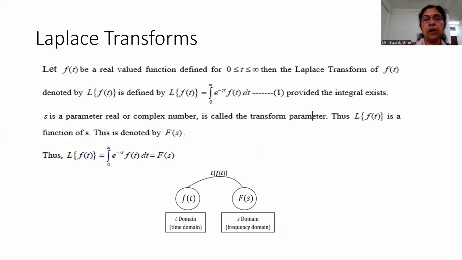And you know that L of f of t gets converted to F of s. So we are moving from t to s. t is the time domain and s is the frequency domain. So Laplace transform actually pushes the real valued function to the frequency domain.